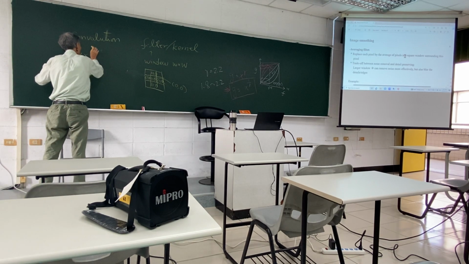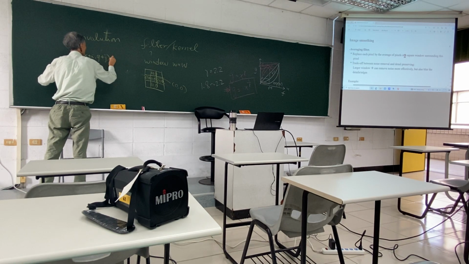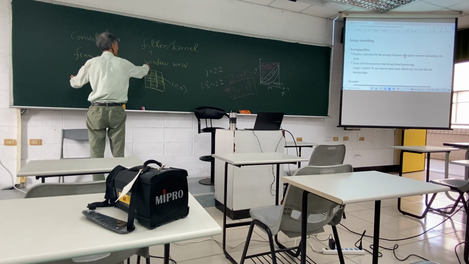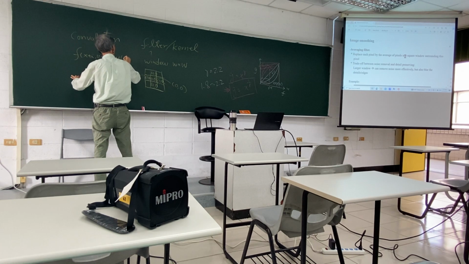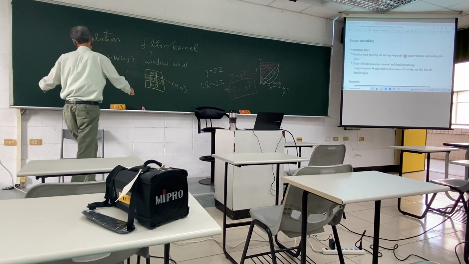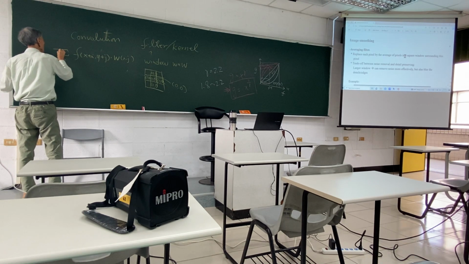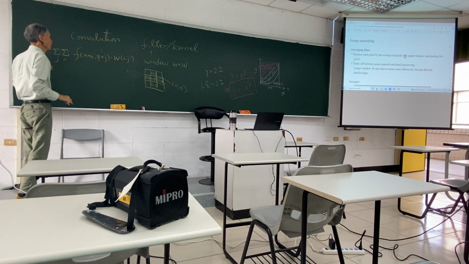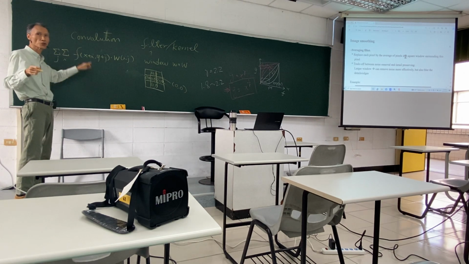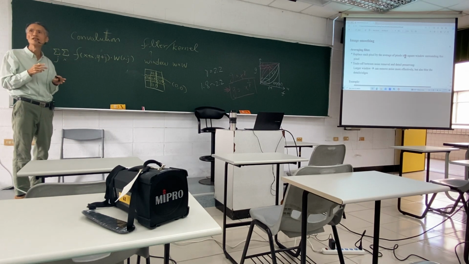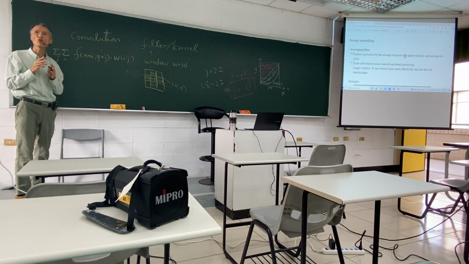Now I plus i and j are multiplied by the window, or the filter, for each i and each j. This operation is so-called convolution. If you are not familiar with this terminology, it is nothing but the inner product of vectors.